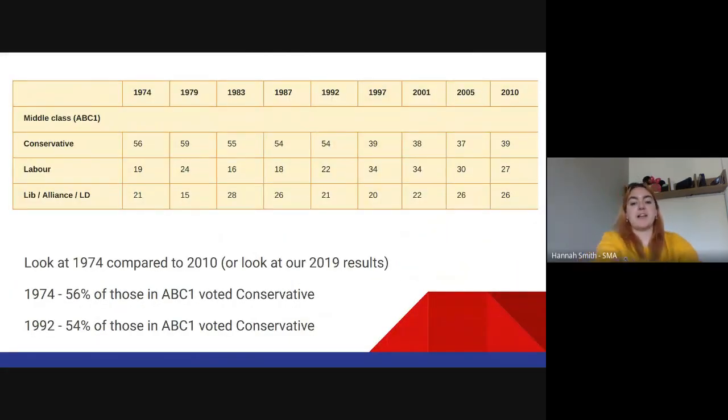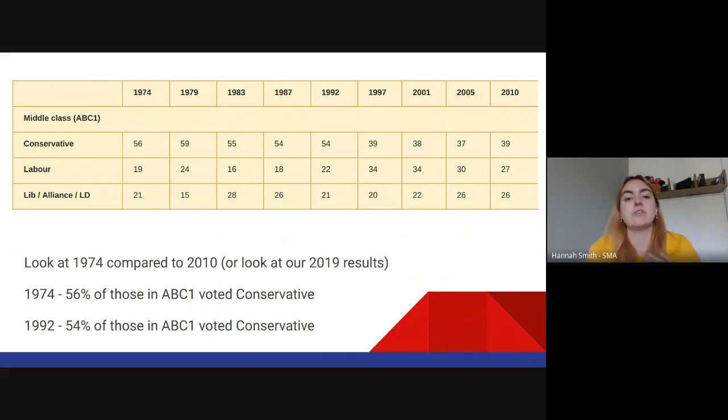What we have here is the election results from 1974 right up to 2010. However, I am also giving you access to the 2017 and 2019 results, so stay with me on that. You've got a table there, and this one only talks about what they're calling upper and middle class, so A, B, and C1.